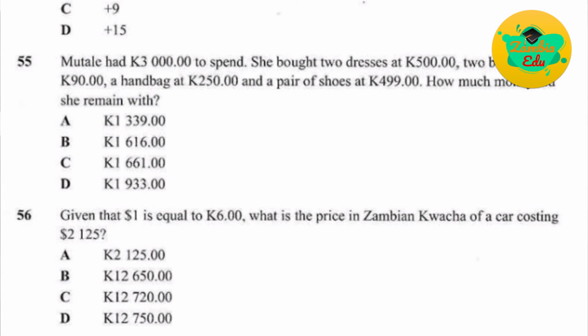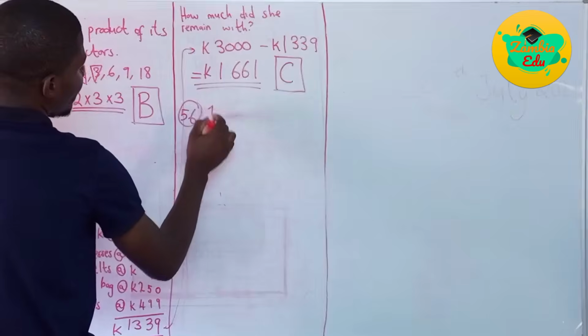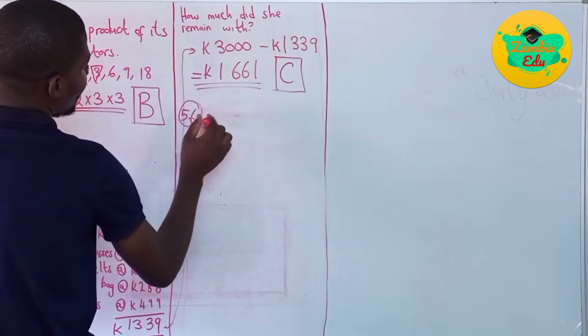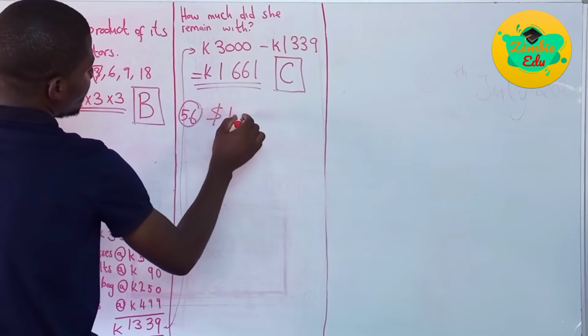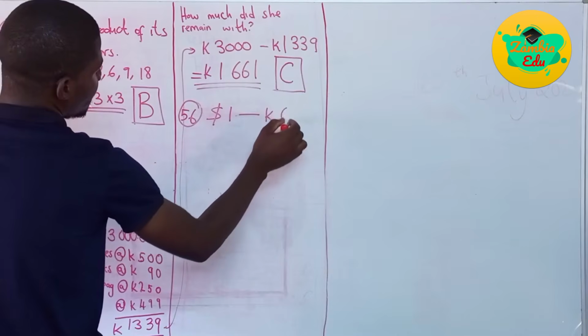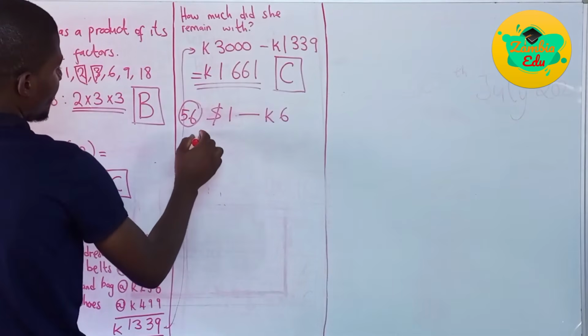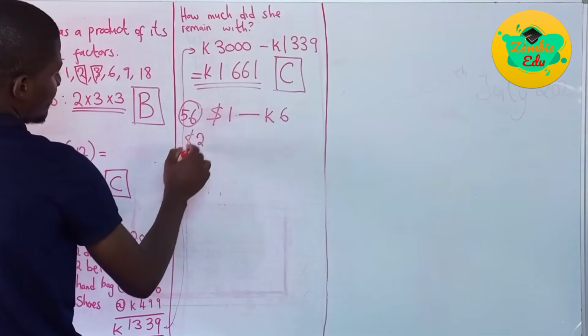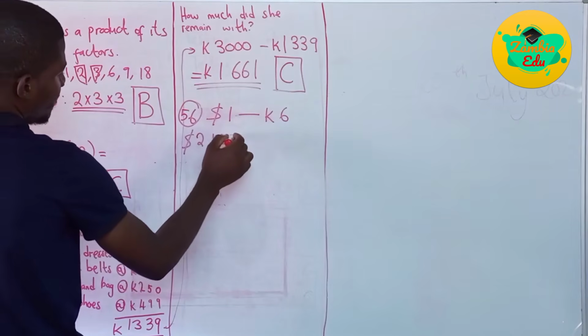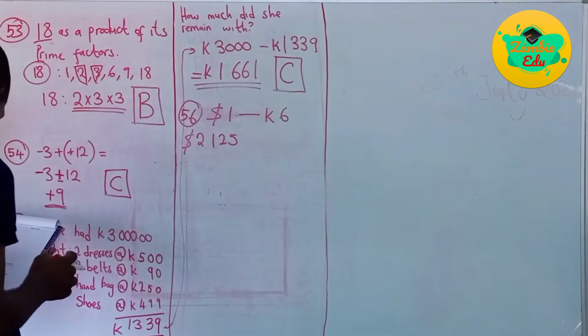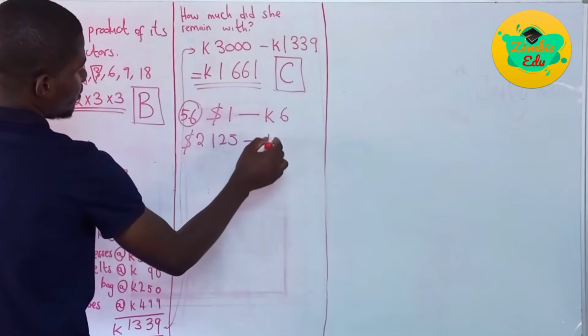So we know we've been told that $1 is equal to 6 kwacha. So what about $2,125? $2,125 is equal to what?